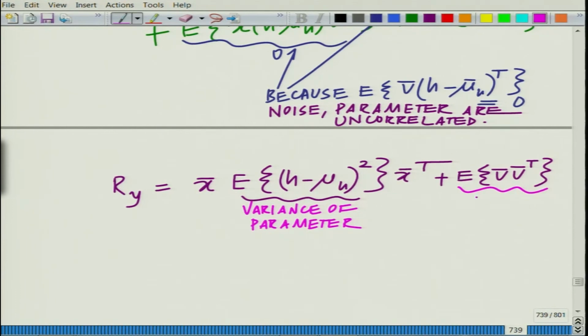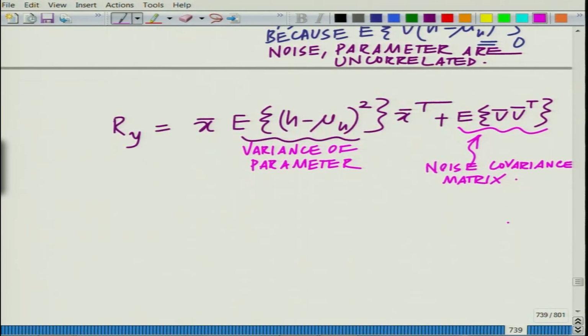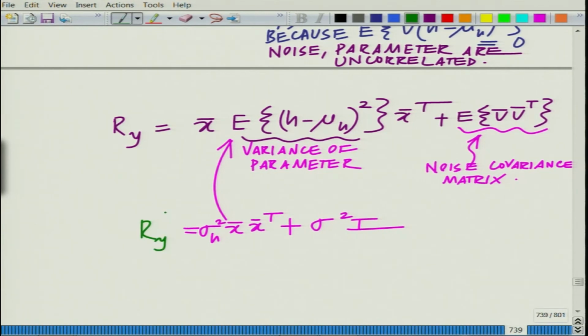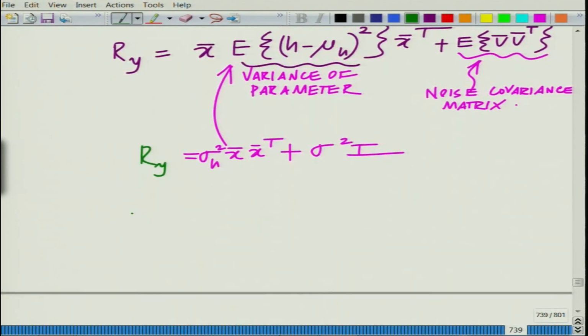So, this is essentially the variance of the parameter, and this is the noise covariance matrix. And therefore, you can write this as x bar sigma_h square x bar transpose plus sigma square times identity. So, this is essentially your R_y, the covariance matrix of the output.